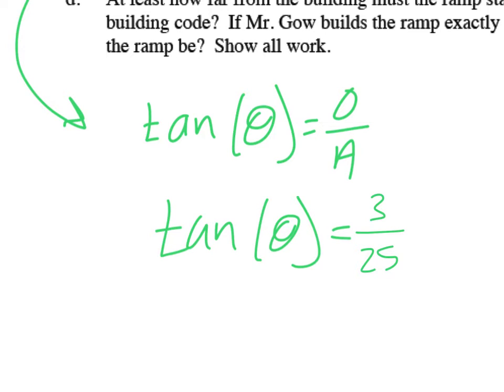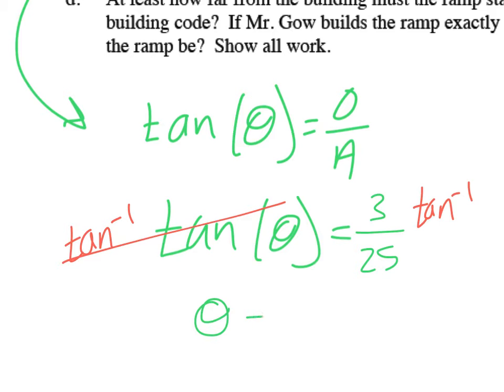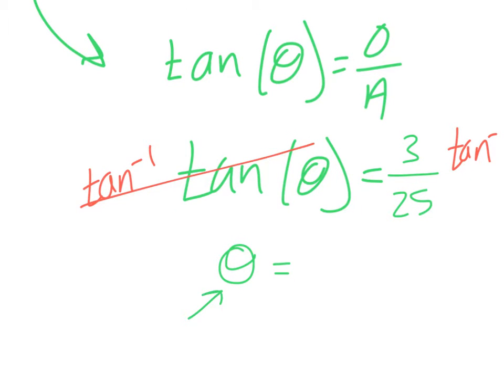So how we go about solving this problem now is we take the inverse tangent of both sides. And when we do that, these essentially cancel each other out. And so I'm left with theta, which remember is just the variable that we use for an angle, is equal to the inverse tangent of 3 over 25.